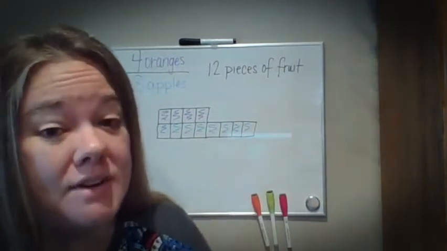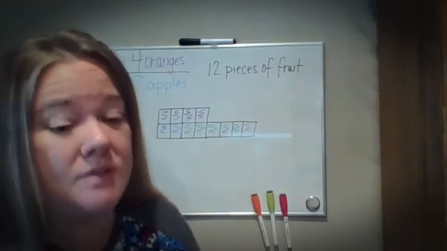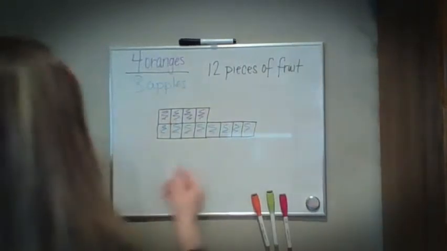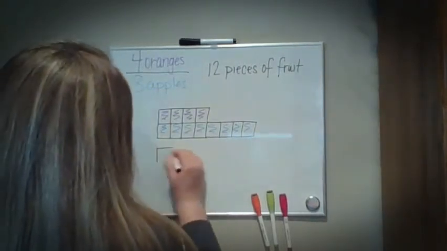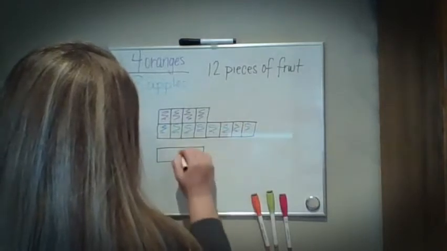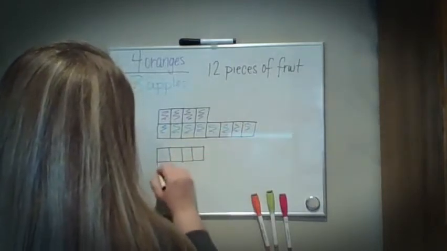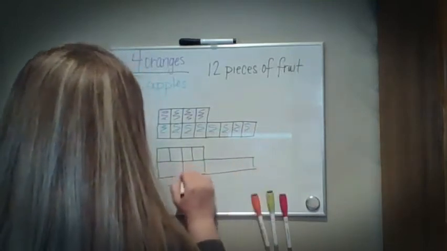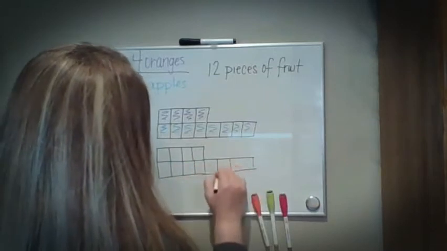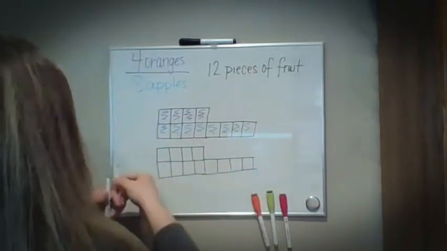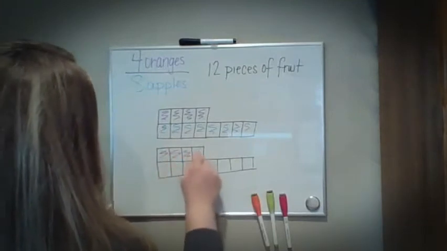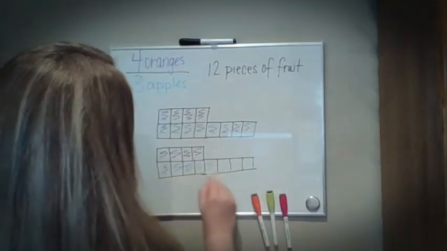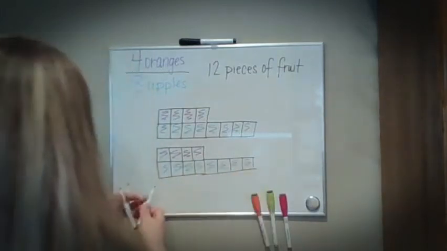Well, I need 36 apples and oranges. So I'm going to do another set of oranges and apples. I'm going to have another 4. And another 8. Orange, orange, orange, orange. Apple, apple, apple, apple, apple, apple, apple, apple.